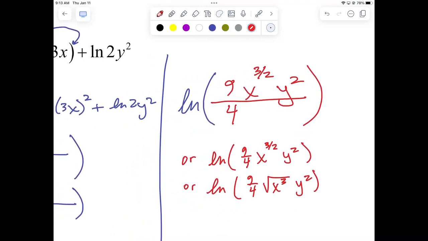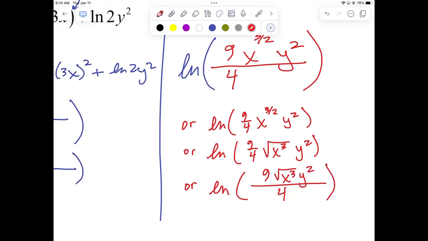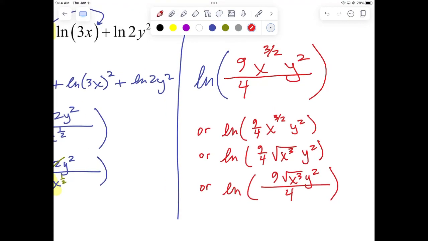Any one of those are the exact same thing. But in the end, in the argument, we have one number, 9/4, or two numbers that are irreducible, 9 in the top, 4 in the bottom, one factor of x, one factor of y. I guess there's one other version it could be. Or the natural log, if we leave it in fraction form, it can be like this, 9 square root of x cubed y squared over 4. It could be like that too. All of those are equivalent to each other.